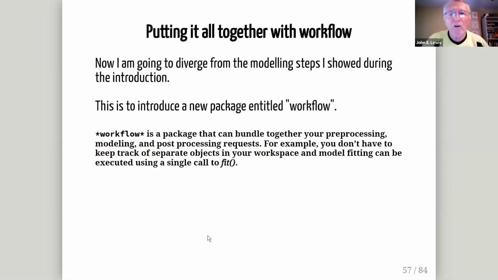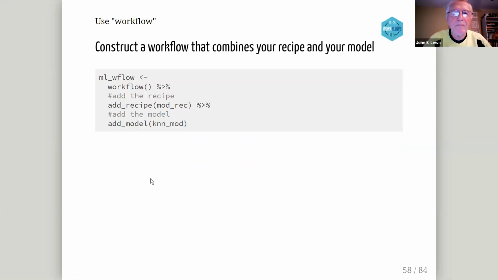I am going to diverge a little bit here and introduce the workflow package. As I said, this package can bundle together pre-processing, modeling information, and post-processing requests. So we don't have to fiddle with the individual details that come with keeping the recipes and the tuning and all that together.